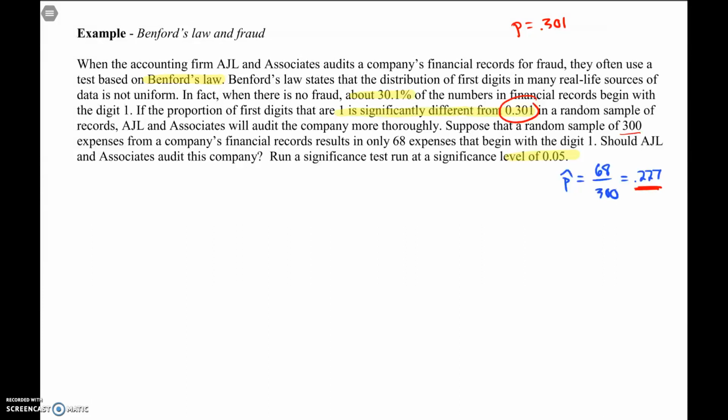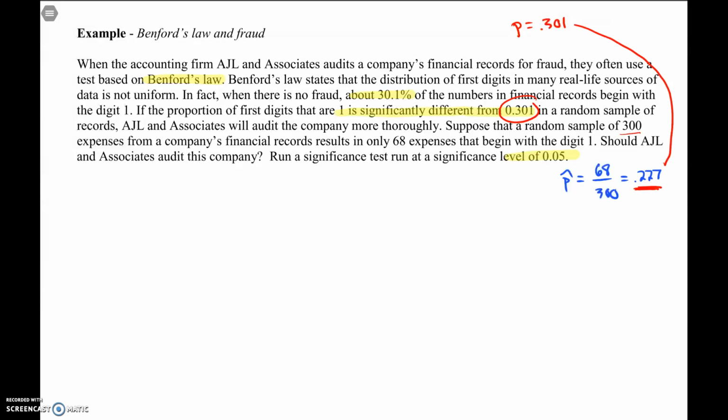That's one explanation. Or maybe I got this value because the true proportion of records at this company that start with 1 is less than 0.301 or different than 0.301. So the question is, is this difference significant or not?